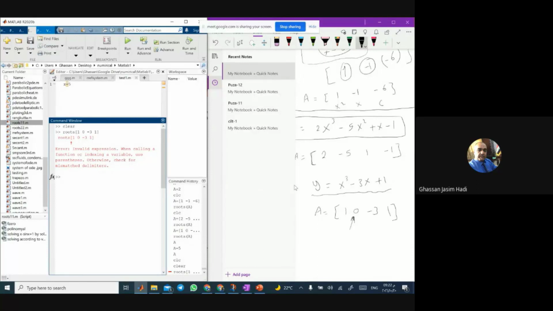Roots, bad expression. Just a minute. I have to put parentheses firstly, and then I have to put the bracket, like this.